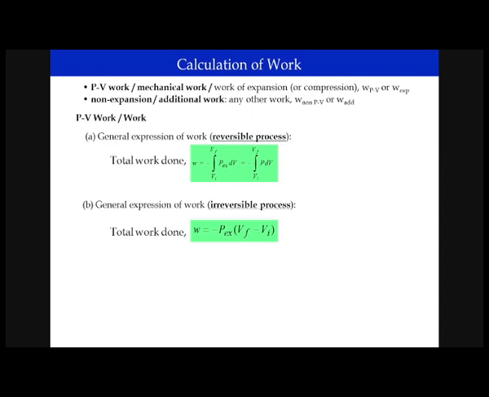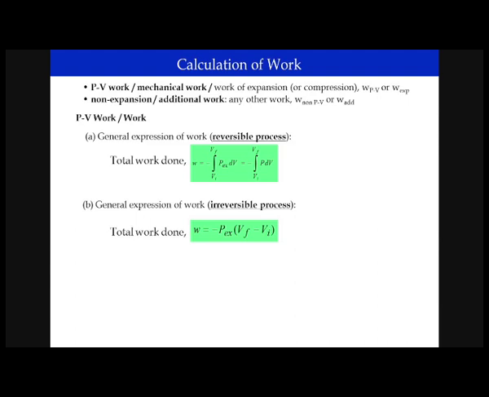But in this unit we will be only talking about PV work, the mechanical work or work of expansion. So, if nothing is mentioned about the work, you have to assume that it is a PV work.